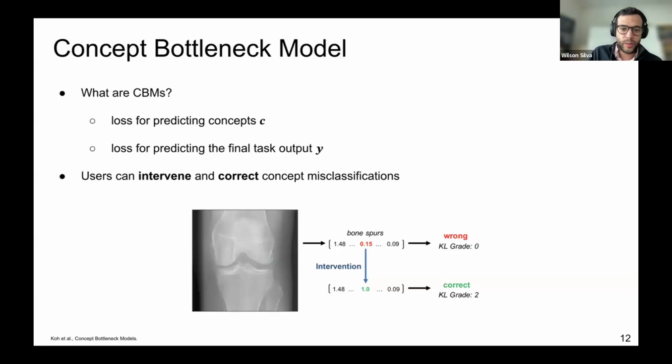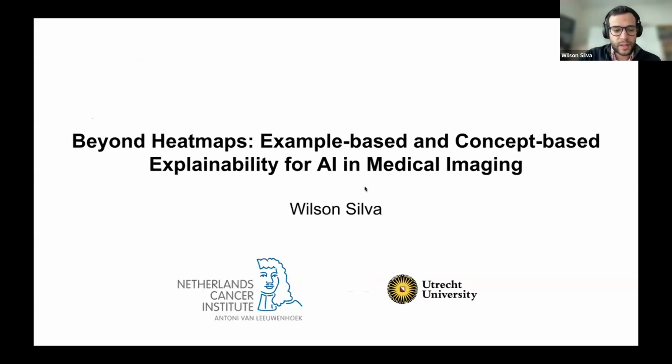And by doing so, we already know which concepts can be relevant or not. And more than that, if the learning of these concepts is incorrect, because we have this bottleneck of concepts, we can intervene and correct some concept predictions so that we avoid some misclassifications. And that is everything that I wanted to talk about.